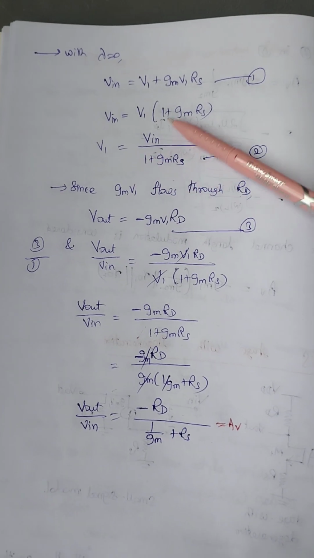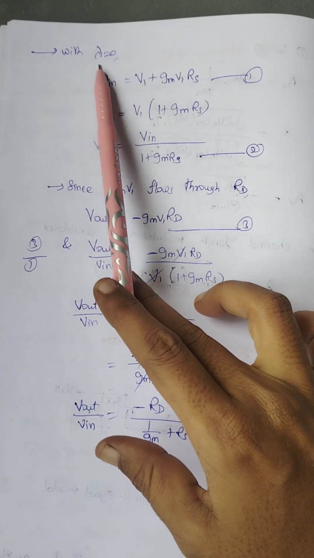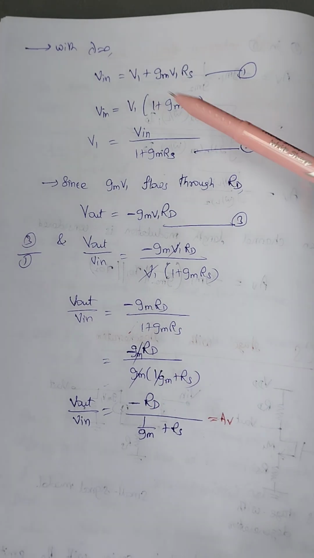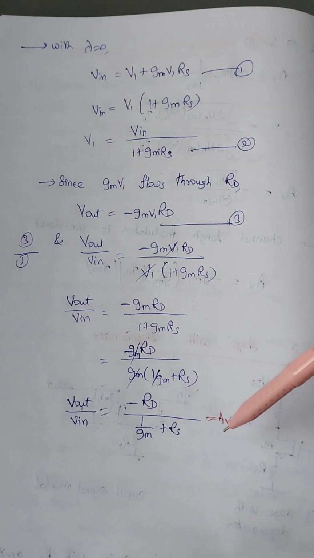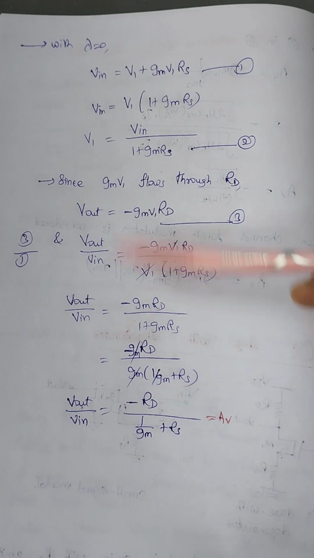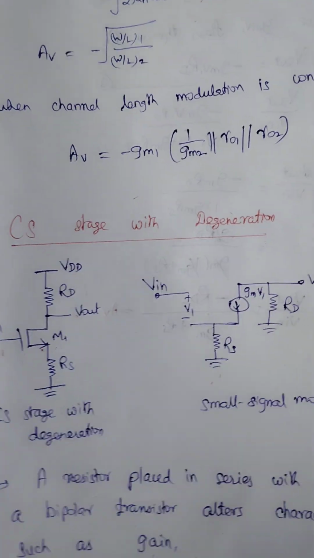Now we are going to consider channel length modulation is 0, so lambda will become 0. What is your gain? This is what we are going to find now. For finding voltage gain, we need output voltage and input voltage. So what is your Vin? Here you can refer to this diagram.